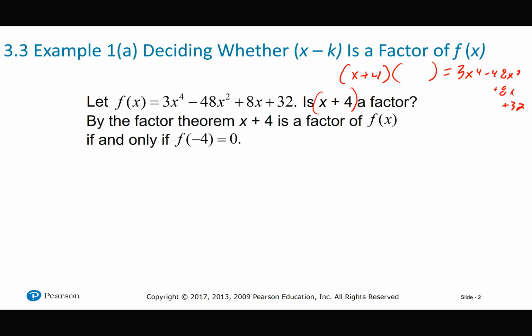Okay? The factor theorem says that x plus 4 is a factor if and only if f of negative 4 equals 0, meaning if we put negative 4 back into our original function and we get 0 as an answer, then yes, x plus 4 is a factor.